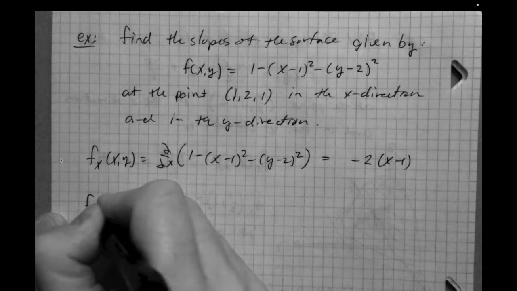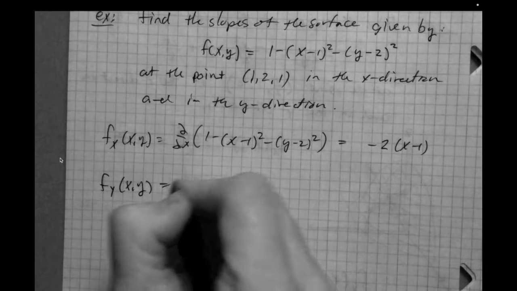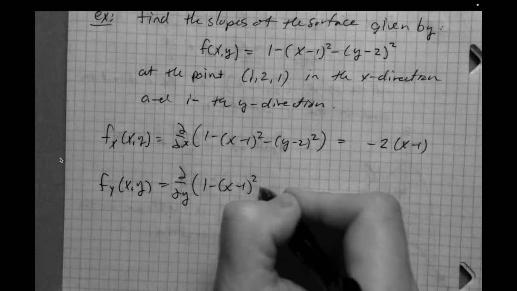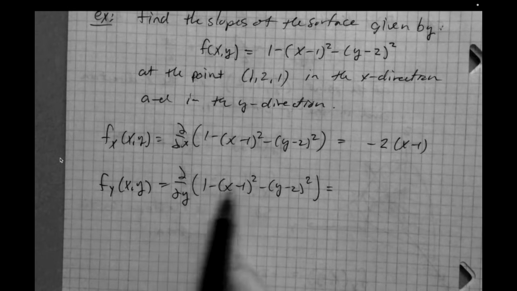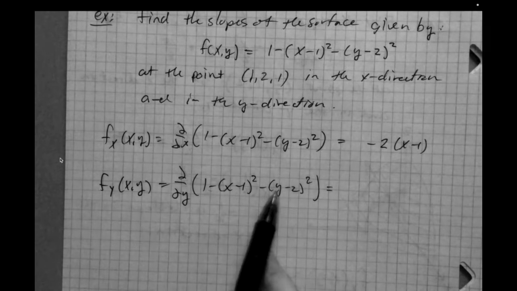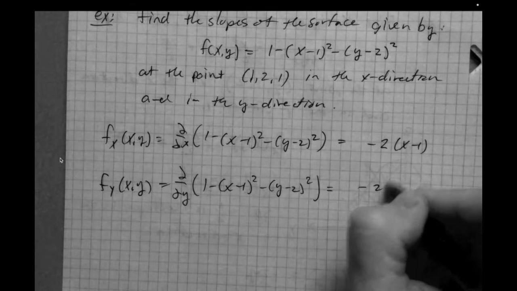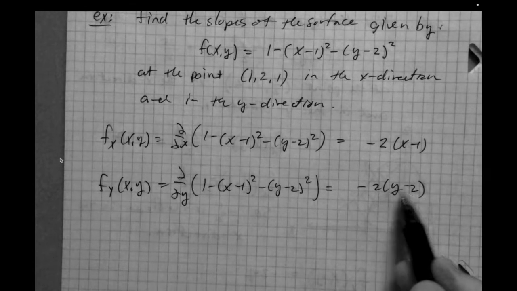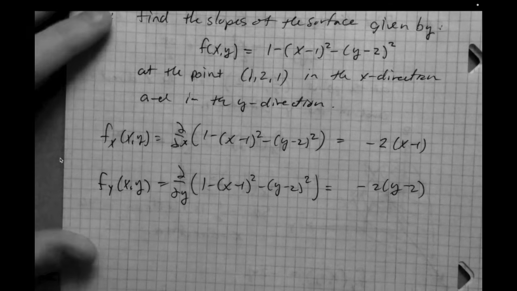And for the partial derivative with respect to y, similar. Okay, so again here, these front two are now constants, and the only one that matters is the rear. So that's going to be negative 2 times (y minus 2). And again, the derivative of the inside would just be 1, so we just leave it off. What about the slopes?